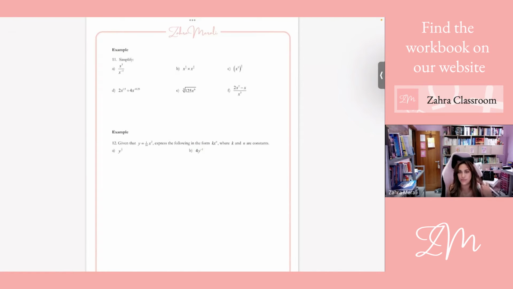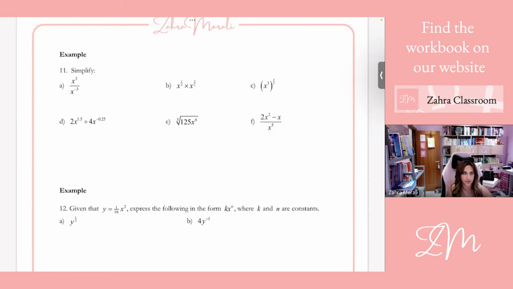There's a few more examples here. I'm just going to complete them quickly for you and write the solutions out. I think these are actually from the Edexcel textbook, so you may have come across them, but pause it, go through them. If there's a problem with any of them, put it in the comments and I'll happily go through it. But these are literally just for you to double check that this has made sense to you.